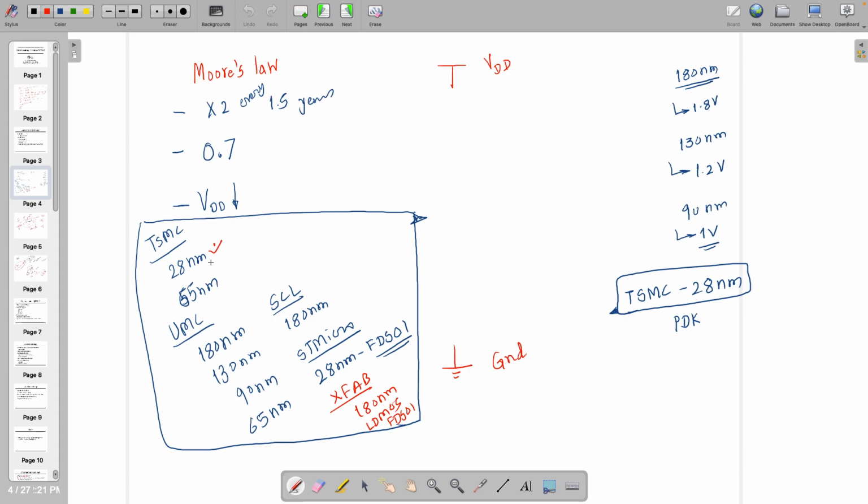So any one of the technologies you can choose, and I was saying about the digital one, where this becomes 1 volt and this becomes 0. If you are going below, let's say 1 volt, it is very difficult to identify logic 1 and logic 0. Why is it difficult? What do you think?